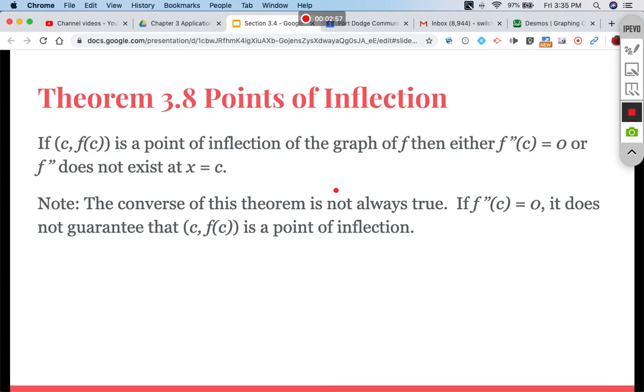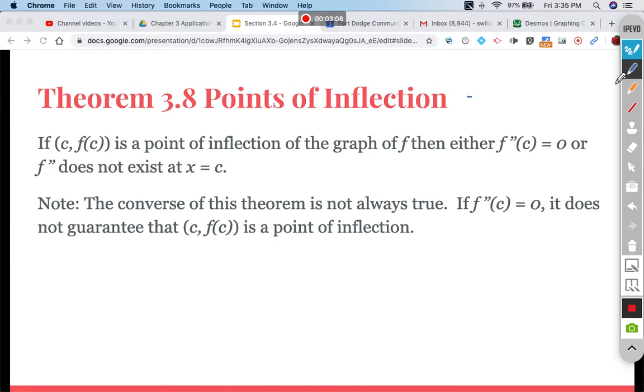So, we do this again. A point of inflection on the graph will always have a second derivative that is 0 or does not exist. If it is a point of inflection, the second derivative is 0 or does not exist.